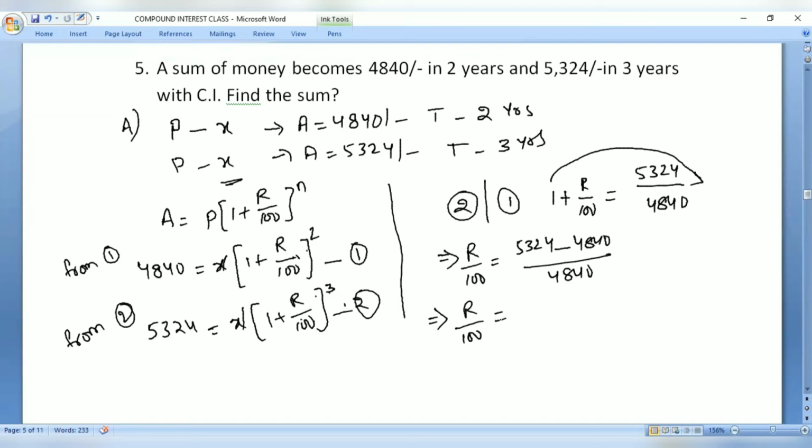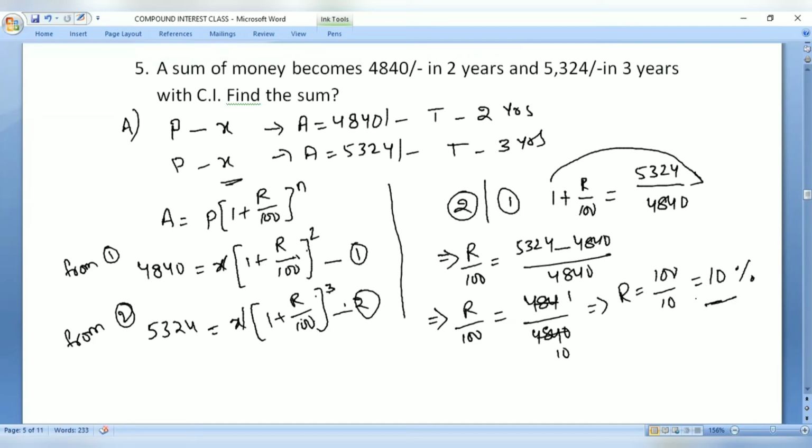It becomes 484, right? So 484 divided by 4,840. Here it becomes 484 once, and this is 484 tens. So 100 goes above. So R is equal to 100 by 10. That means 10% will be the rate of interest.